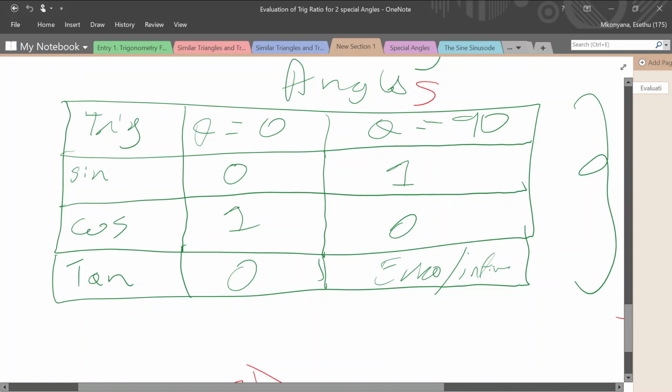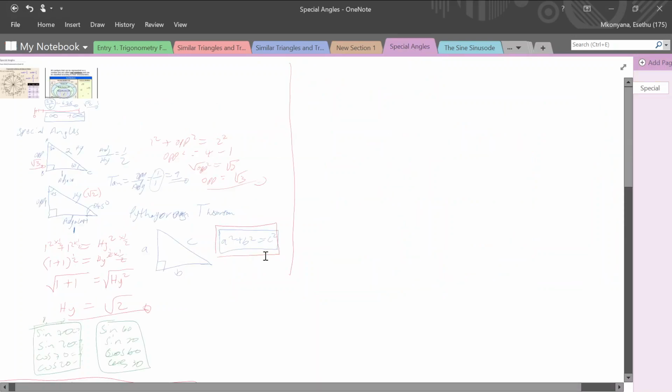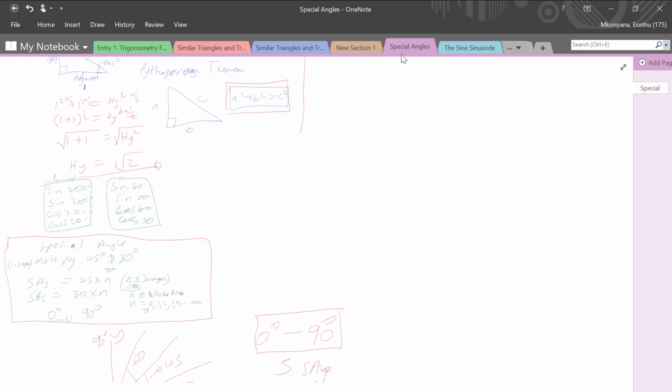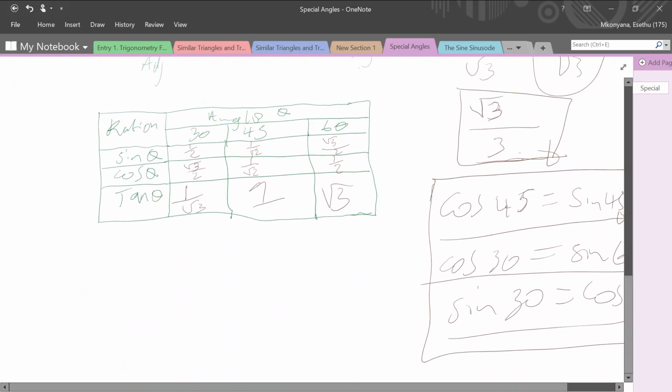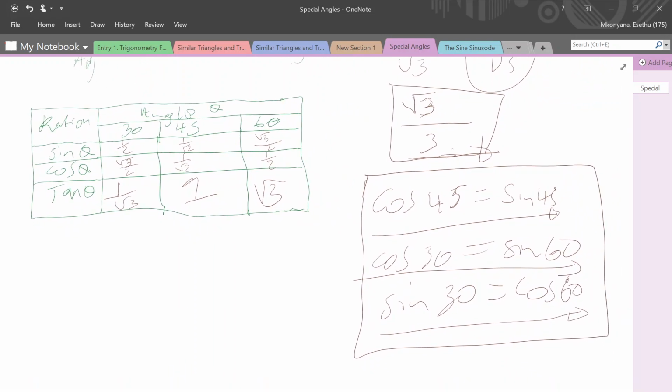If you haven't watched the video where we look at the special angles of 0 and 90 and how to evaluate them, I think it's best to watch it, because they are very different evaluations compared to special angles. They are much more intricate, which is why I started with them. These ones are much simpler and easy to remember. This table here, it must be your friend. This is called a table of special angles.